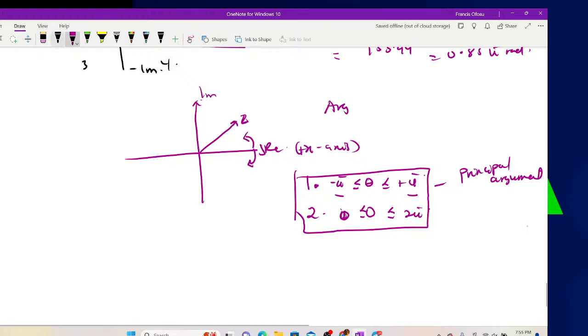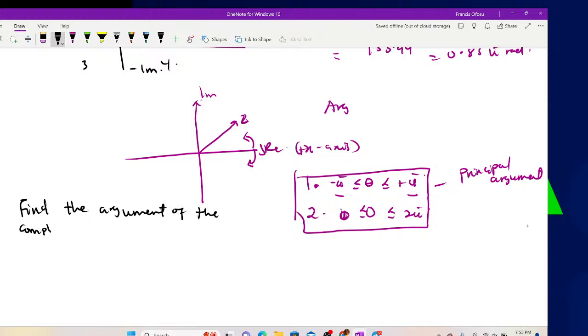Let me give an example here. Find the argument of the complex number z, which is equal to negative 4 minus 5i.